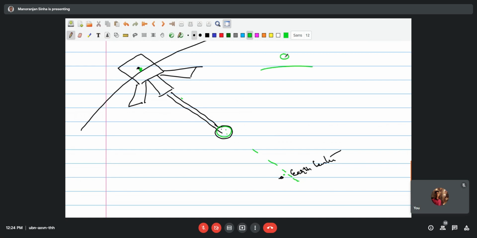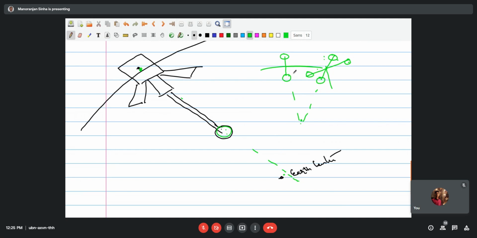Let us say we have a dumbbell. If it gets disturbed, the disturbed position we can show like this. The center of the earth is lying here. In this case, this is pointing toward the center of the earth. If it gets disturbed, this will be pointing this way.